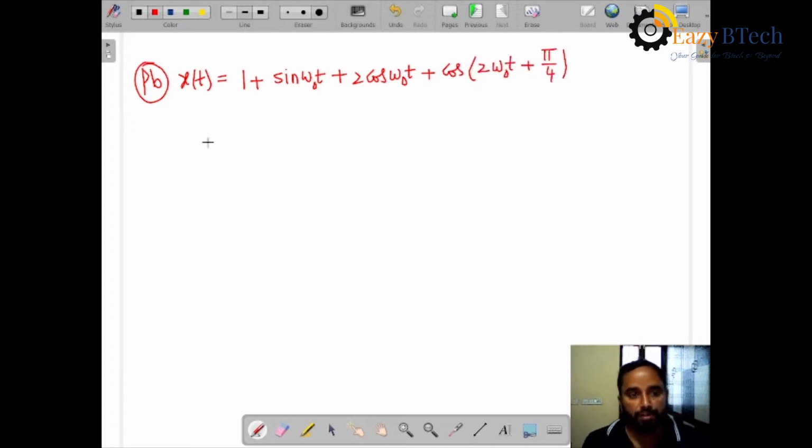This is the given periodic signal. Here omega naught is the fundamental frequency.